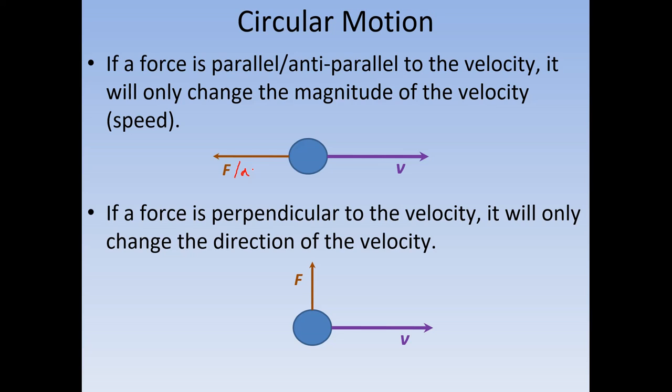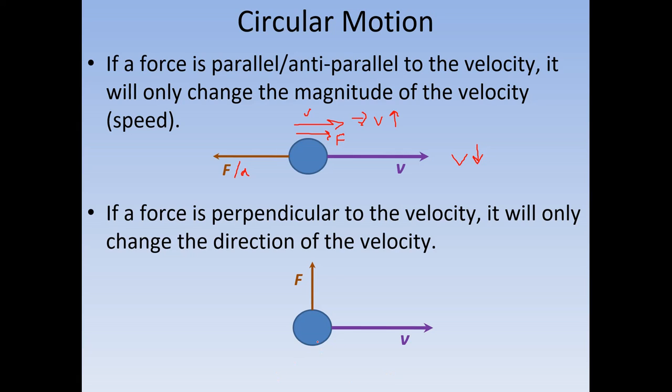If this happens, the magnitude of the velocity, the speed, will change. In this case, I'd end up having the speed decreasing. If instead I had the velocity and the acceleration or the force in the same direction, then the velocity would start to increase, but it would always maintain that same direction, or at least within the plane direction.